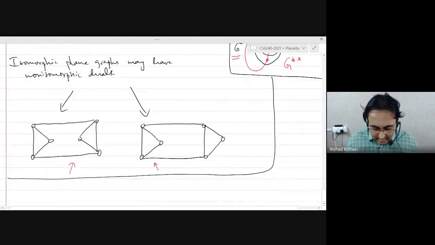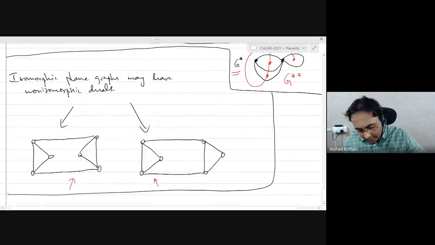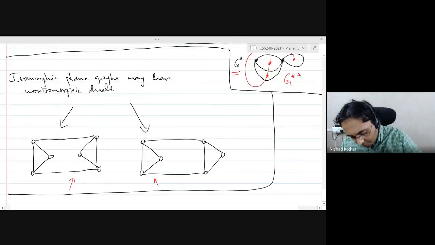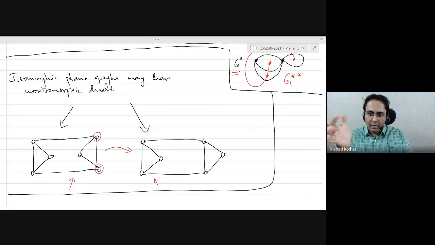But notice what we are doing. How are we going from this drawing to this drawing? We are flipping this triangle along this edge, and this edge is a two vertex cut. So we have this two vertex cut, and we are flipping one component, if S is the two vertex cut.